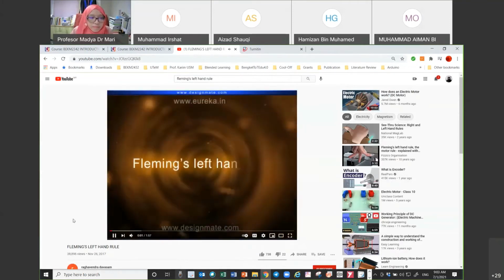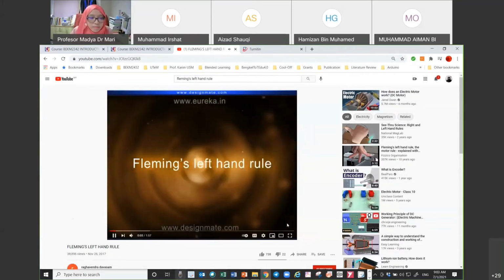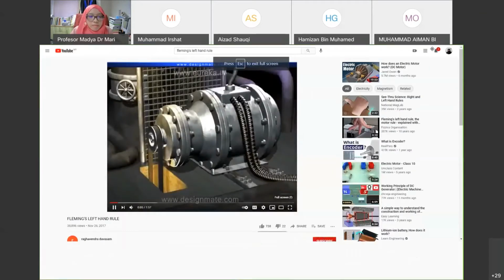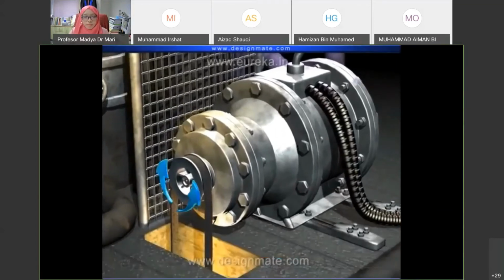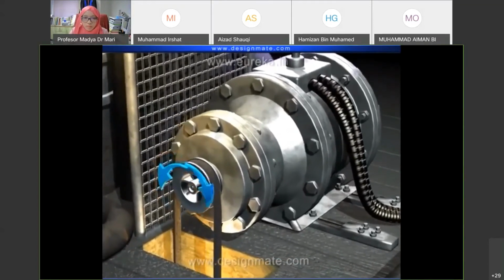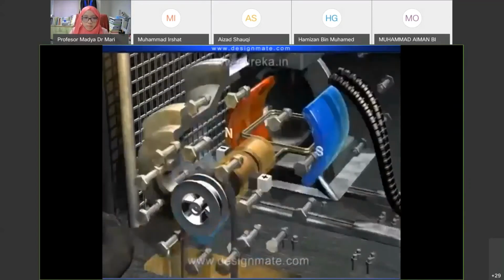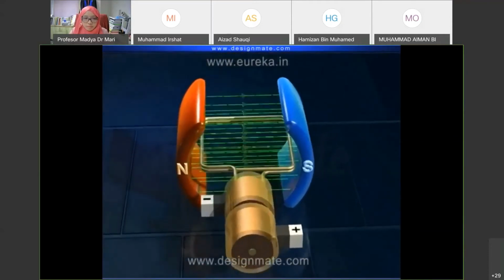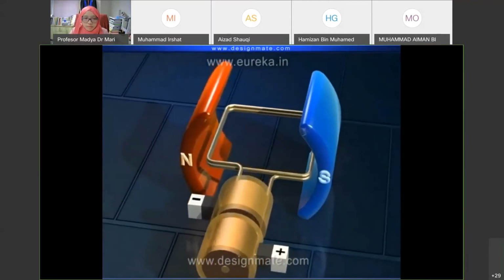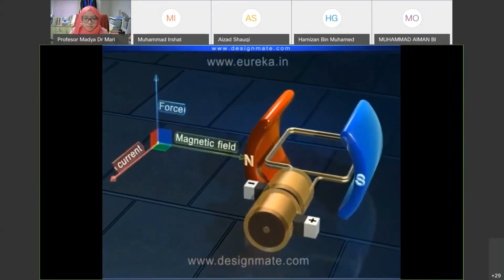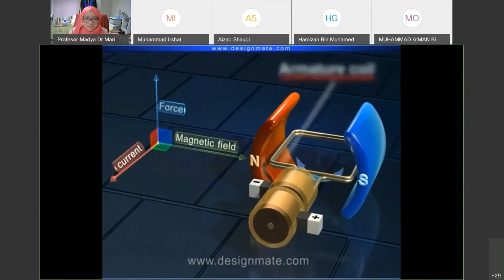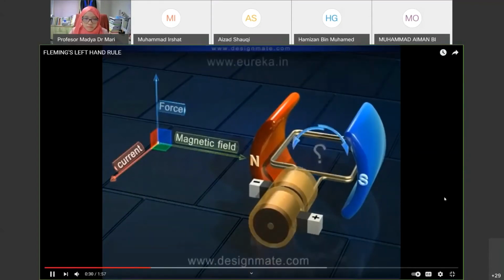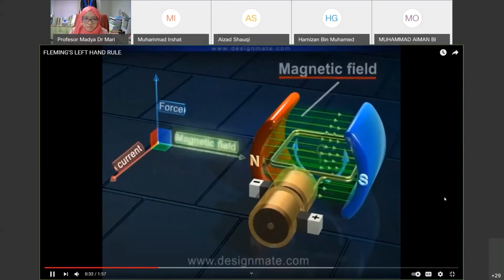Fleming's left-hand rule. In the earlier section, we studied about a motor. But how can we determine in which direction will this motor rotate, if direction of magnetic field and current is given? We will discuss one rule, the Fleming's left-hand rule, on the basis of which we can find the direction of force, the rotating direction of armature coil, for the given direction of magnetic field and current.